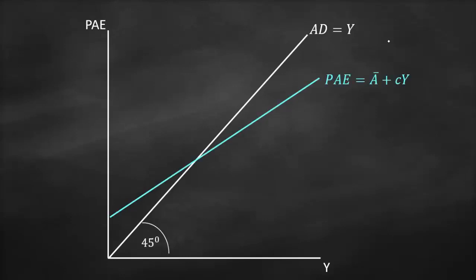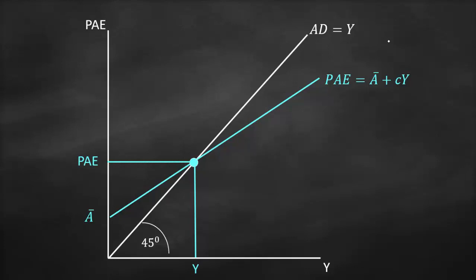And then I will draw here our planned aggregate expenditure or aggregate demand function, which is A bar plus marginal propensity to consume multiplied by disposable income, and the intercept here is our autonomous spending. So both curves intersect at one point, which will give us our aggregate expenditure equal to our output.